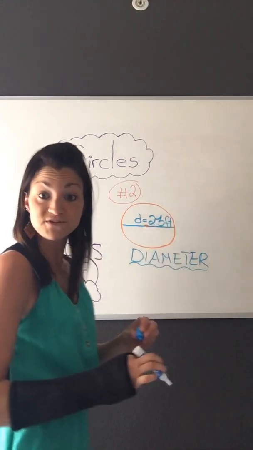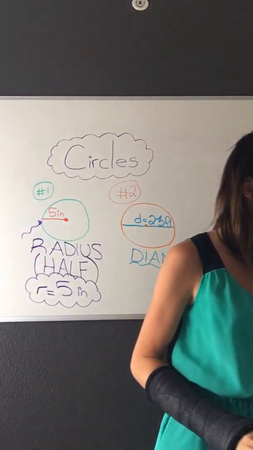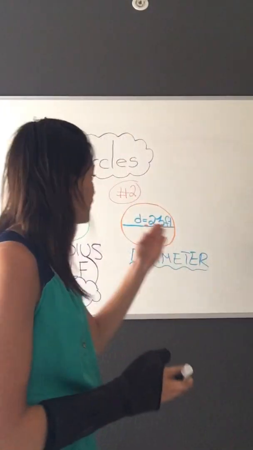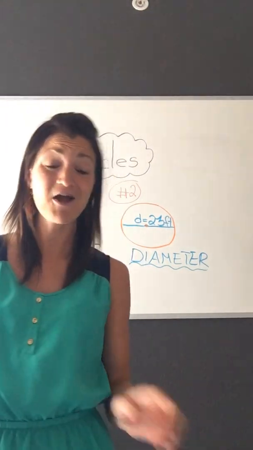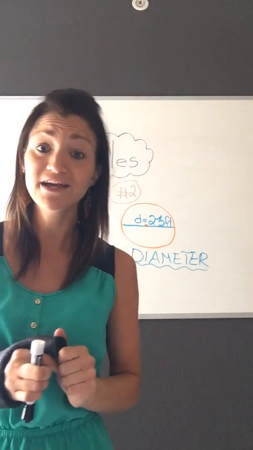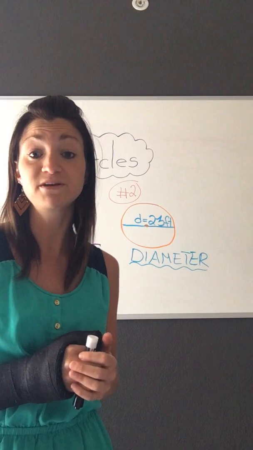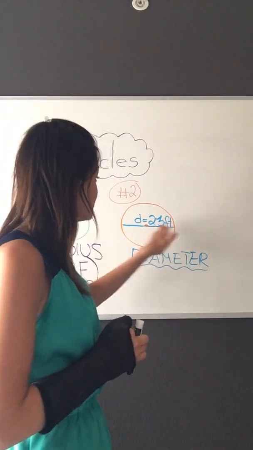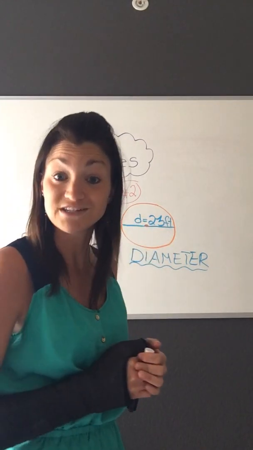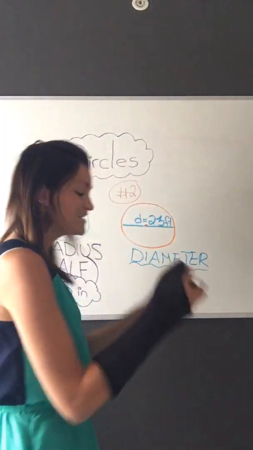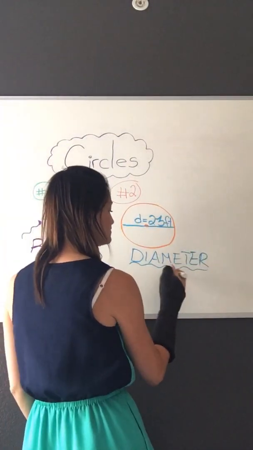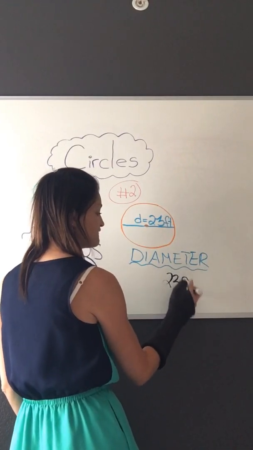If somebody came up to you and said, hey, lovely human, do you know what the diameter is in this problem? You could take a deep breath and smile and say, oh yes, yes I do. It is actually 23 feet because the diameter is the definition of the distance through the entire circle. Take a bow. Nice job. The diameter in this one would be 23 feet.